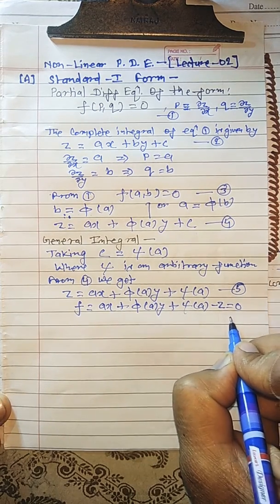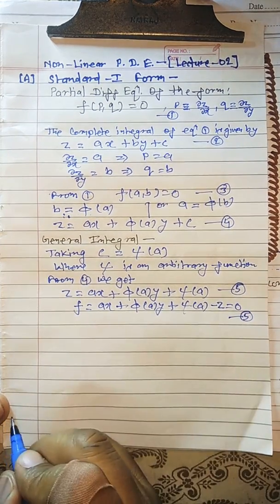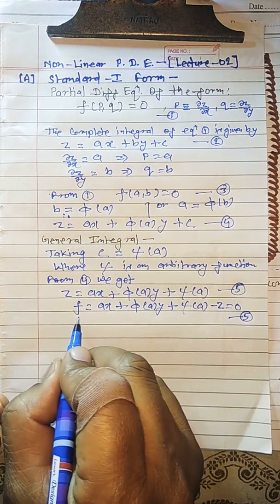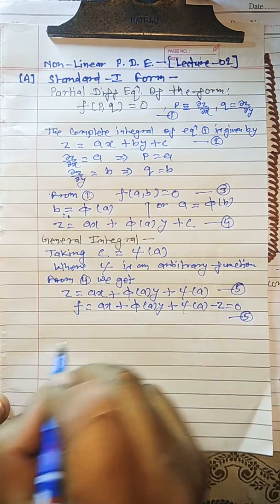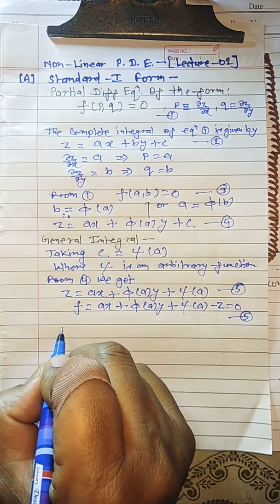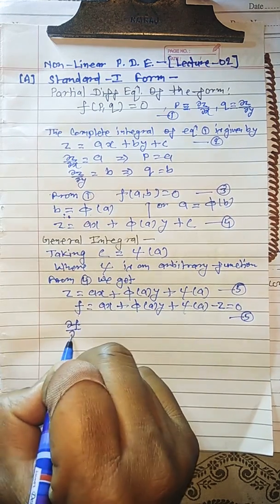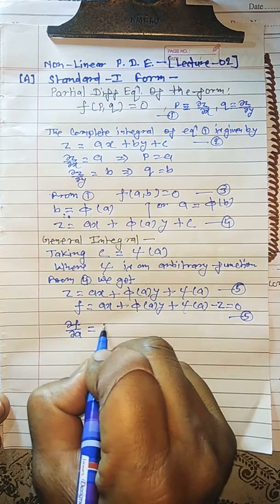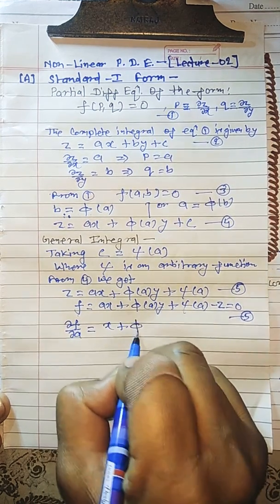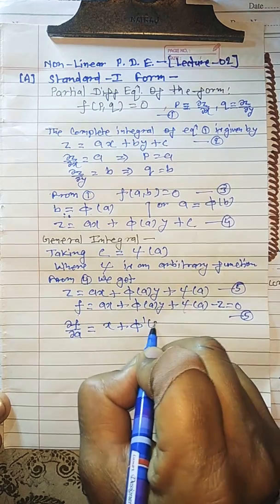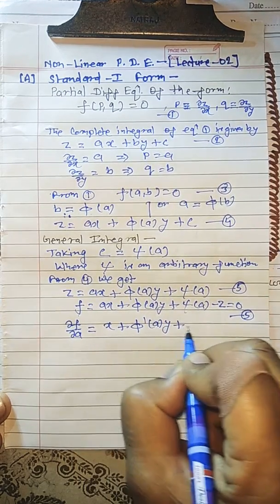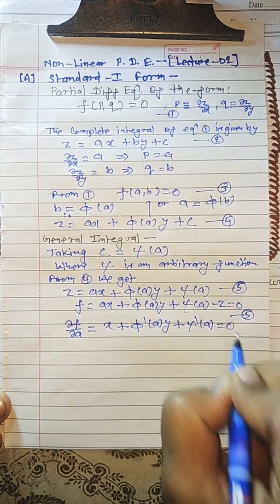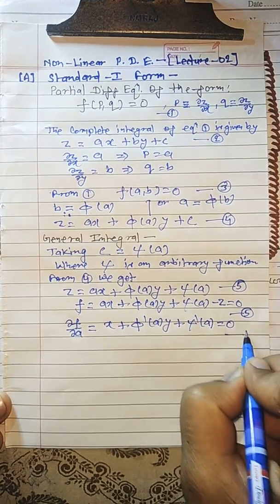Suppose this is equation number 5, rewriting it as equation number 5. Now we differentiate 5 with respect to a, that is, we find ∂f/∂a = x + phi'(a)y + psi'(a) = 0. This is our equation number 6.